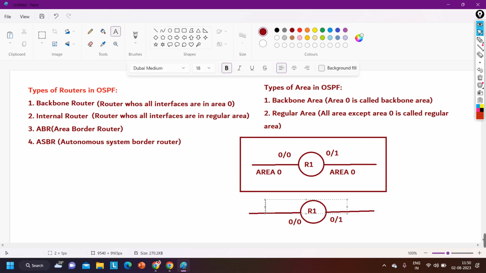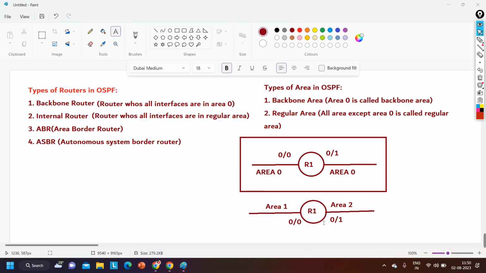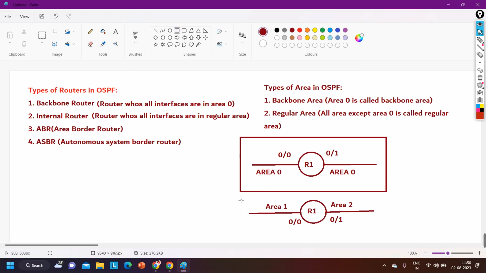This interface is in area 1, and let's say this interface is in area 2. So all interfaces of this router belong to which area? Regular area. So this type of router is known as internal router in OSPF.